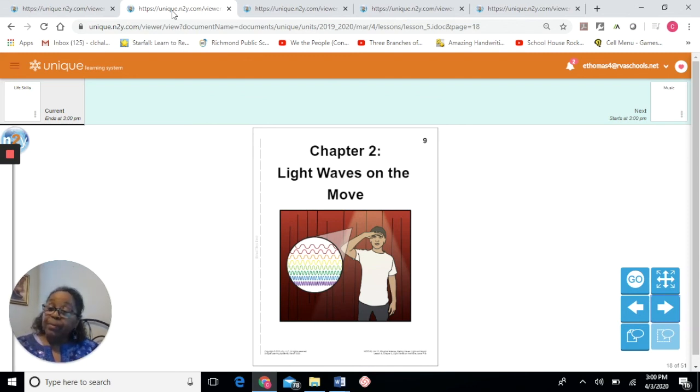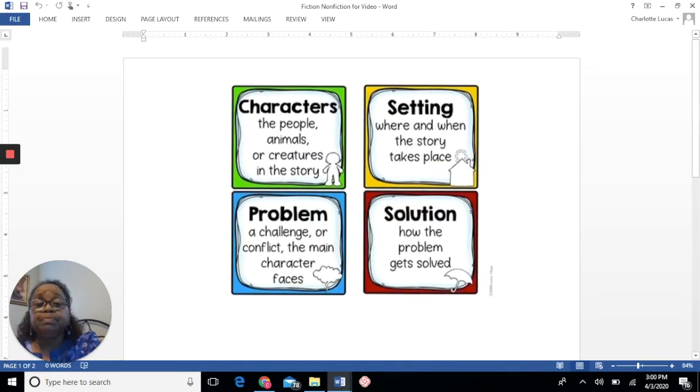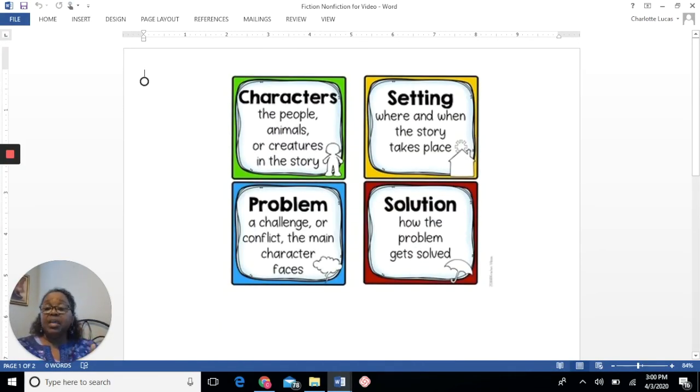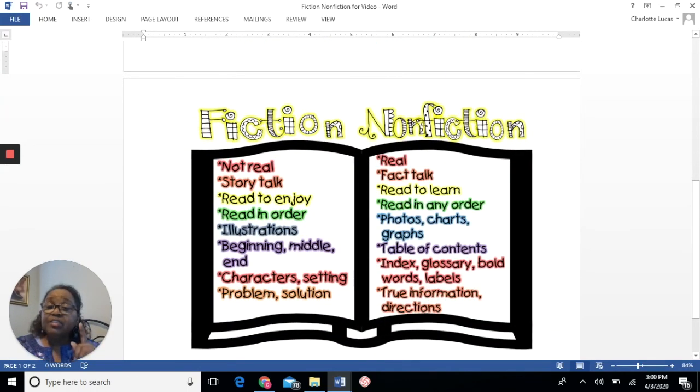We did a picture walk. We learned about the types of elements in a story. We talked about the characters, the setting, problem, and solution. Those are elements in a story, and those are what we look for because we need to make a decision when we're reading a book. Is this book fiction or nonfiction?